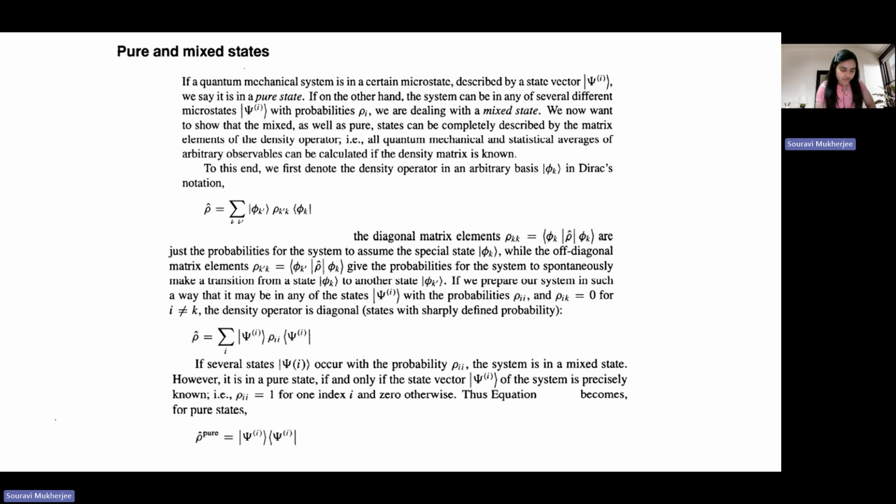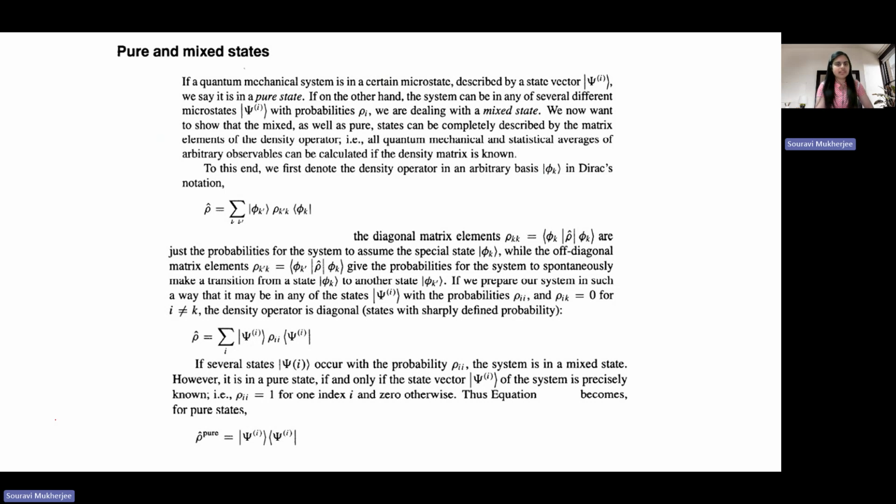Now, before we proceed further, there is this very important concept of pure and mixed state, and it is very important that you understand this. Now, what do you mean by a pure state? Pure means you know exactly in which state your system is. You have some system, and you know that your system is described by a wave function psi.